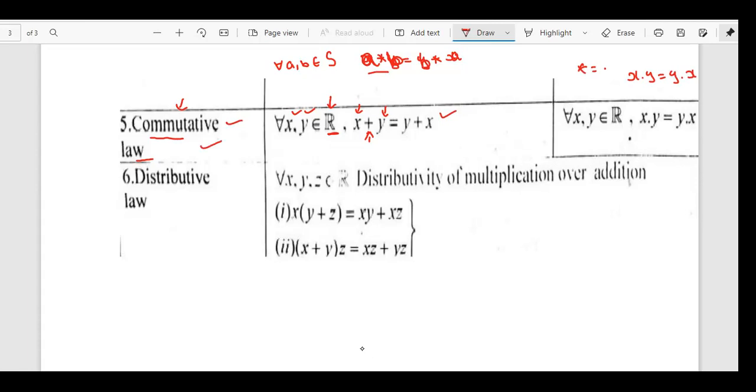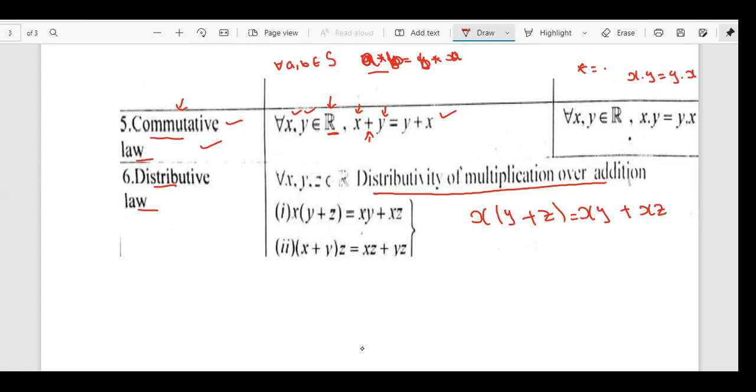Okay. And finally, we have the distributive law. So the distributive law says, distributivity of multiplication over addition is how they write it. So this law basically is that if you have x times (y plus z), this should be equal to xy plus xz, right?